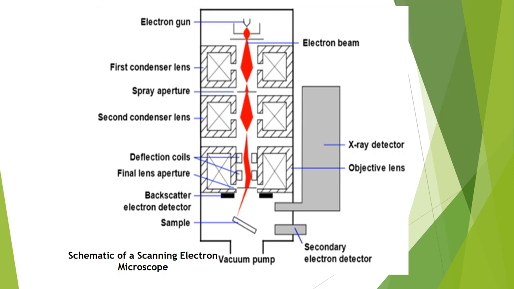After passing all these components of the SEM, the electron beam is incident on the sample. There is a secondary electron detector which detects the scattering of the electrons after the incidence on the sample, and here is a vacuum pump that we have discussed in the previous slide, which is used to evacuate the chambers.